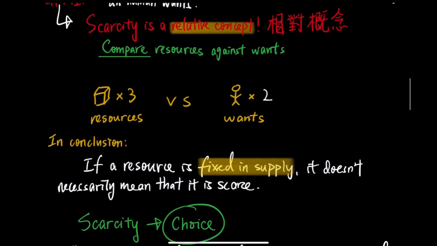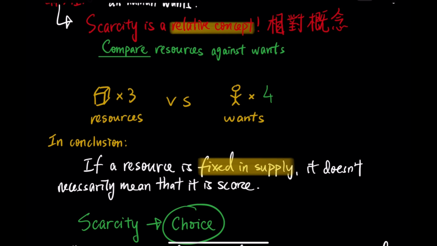So in this scenario, if I have 3 units of a good, but I only have 2 people who want it, then this good would not be scarce, because the resource available is able to satisfy all of our human wants. But if I change the number, let's say this is no longer 2, let's say this is 4.